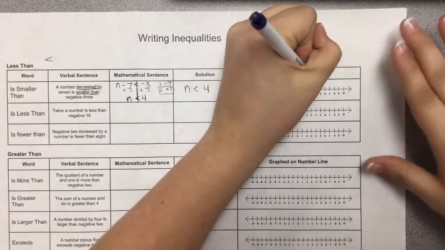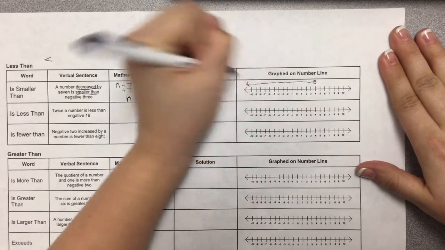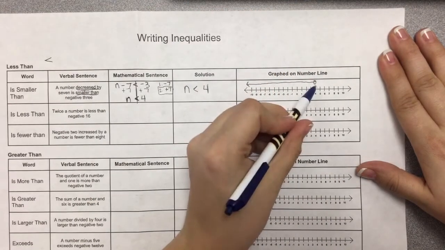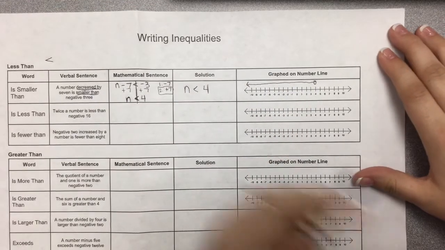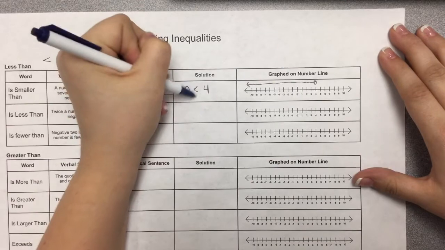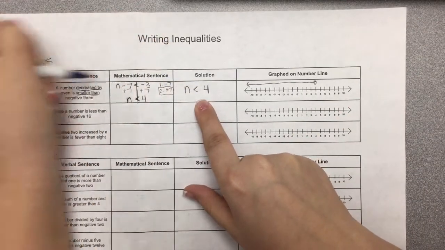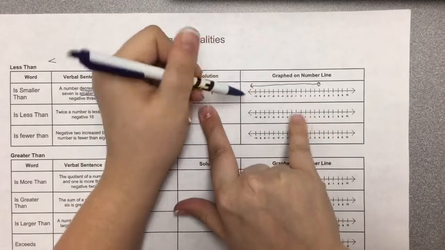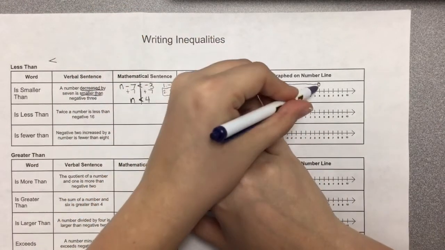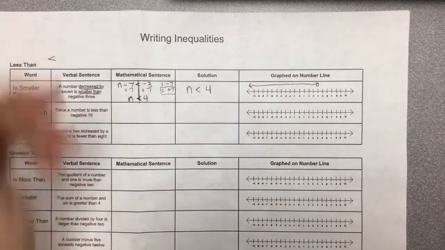So we're going to draw an arrow pointing to the left, which includes everything less than 4. What you can also notice is over here you've got your sign for less than. It's pointing to the left. If you consider that the end of your arrow, you're going to end up moving to the left.